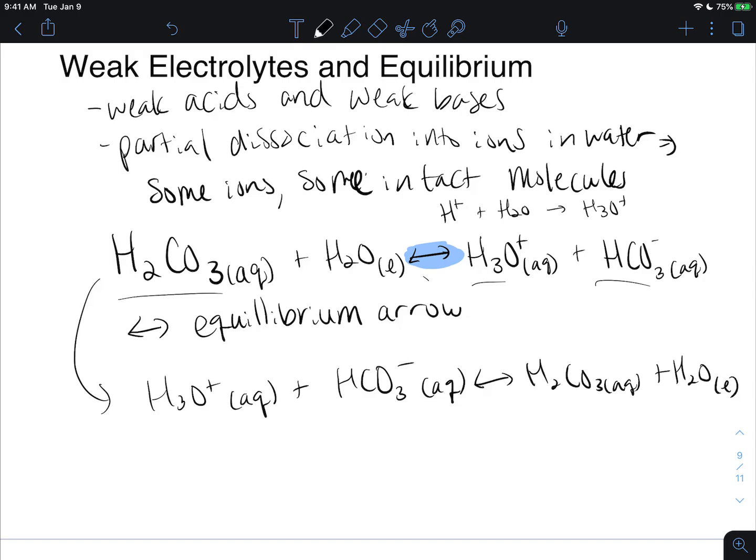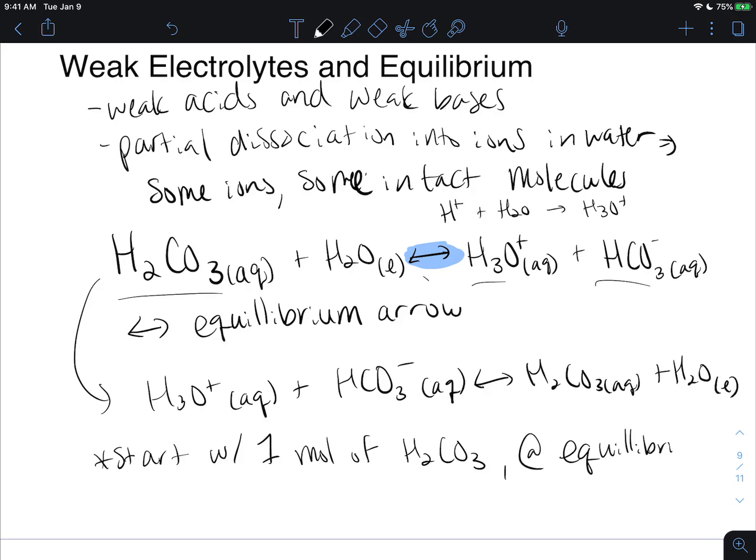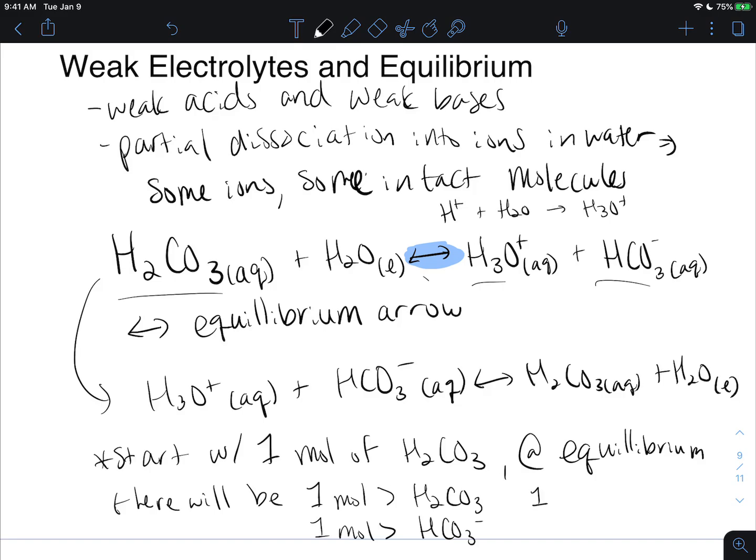So if we start out with 1 mole of carbonic acid, at equilibrium, there will be less than 1 mole of our carbonic acid, less than 1 mole of our bicarbonate ion, and less than 1 mole of our hydronium ion.